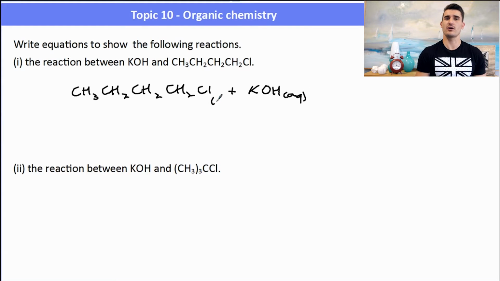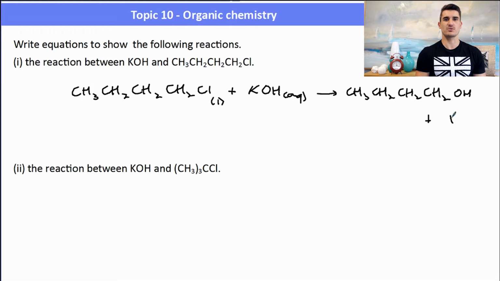So we have KOH, which is aqueous hydroxide. What will happen is there will be a nucleophilic substitution reaction because the OH- is a nucleophile, and it will substitute the chlorine for the hydroxide, leaving us with the byproduct of potassium chloride.